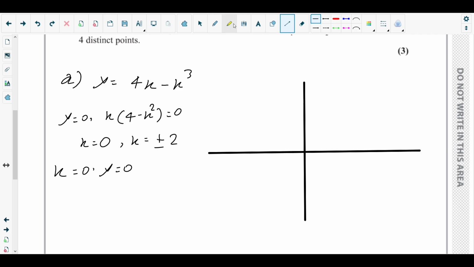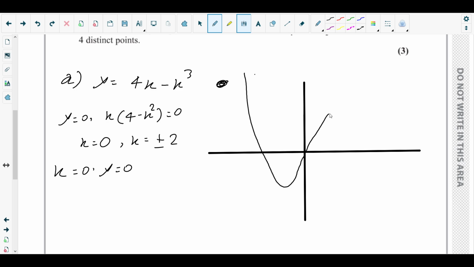Since it's a decreasing curve, it has to start from this quadrant, and it will intersect the negative x-axis at negative 2 first. Then it will go through the origin, and then through x equals 2.